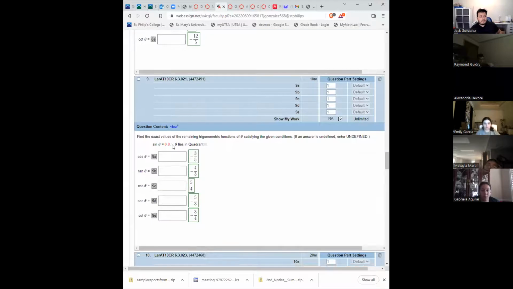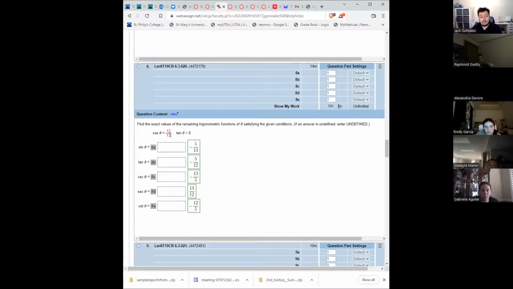Check out number 9. They have a decimal. So how did they get a bunch of fractions? It's kind of almost like a little trick question there. Do you see what they did? Right over here, we had a fraction, and we were able to build a triangle super easy.